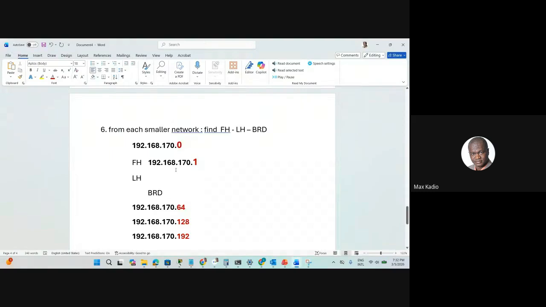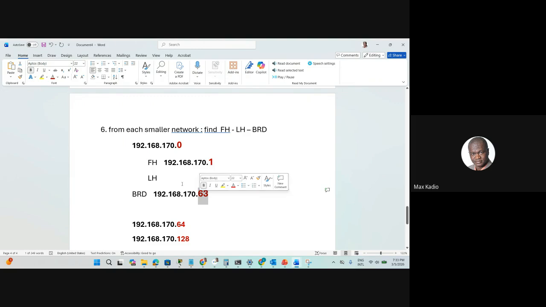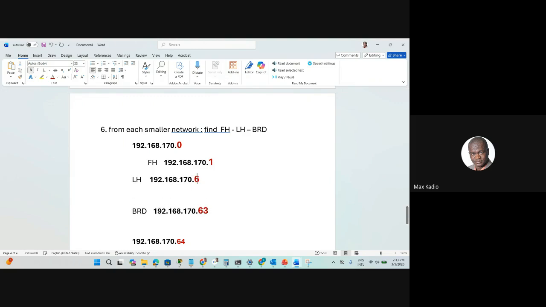To find the broadcast IP, you do the next network -1. So it will be 64 minus 1, which is 63. And to find the last valid host, we do the broadcast -1, 62.